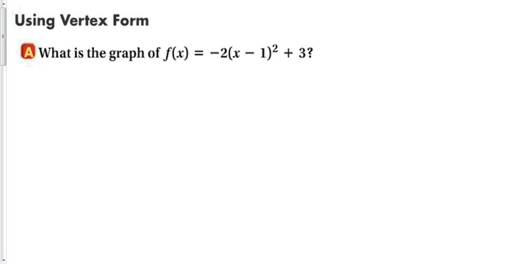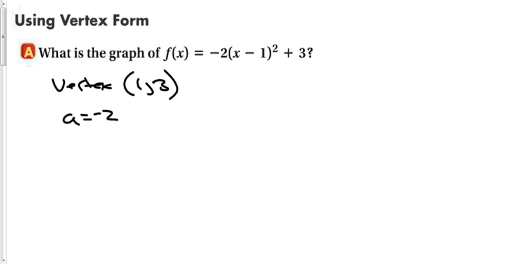The first step is to identify my vertex. My vertex is going to be 1, 3. a is going to be negative 2. That tells me that my graph is thinner and flipped over.